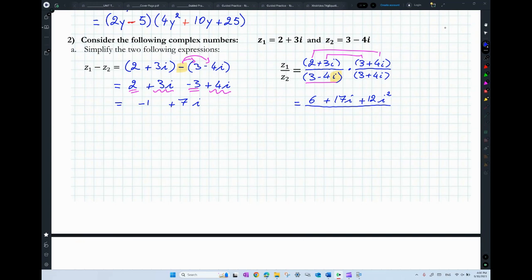And here I just recognize the difference of two squares pattern, algebraic identity, that I used for question number 1. I will have 3 squared minus 4i, the whole thing squared.